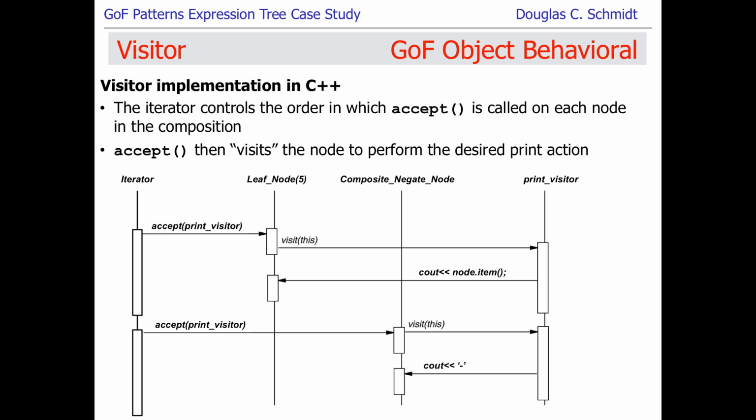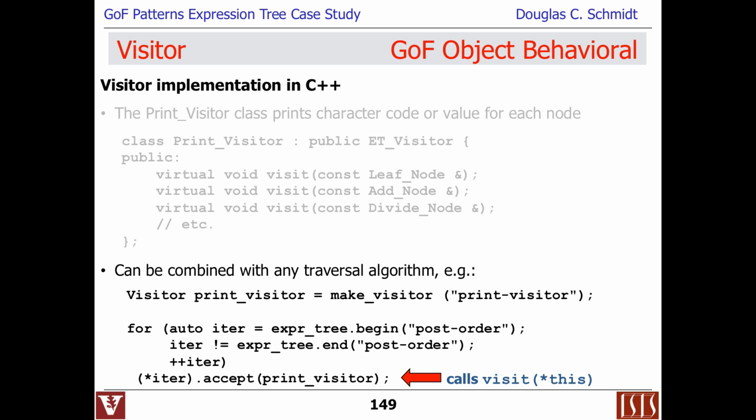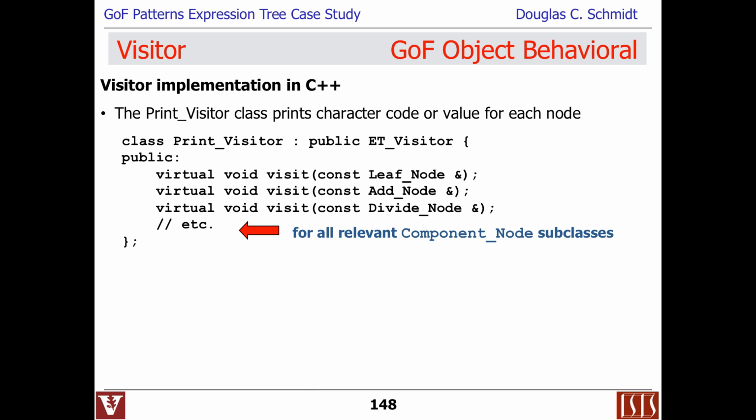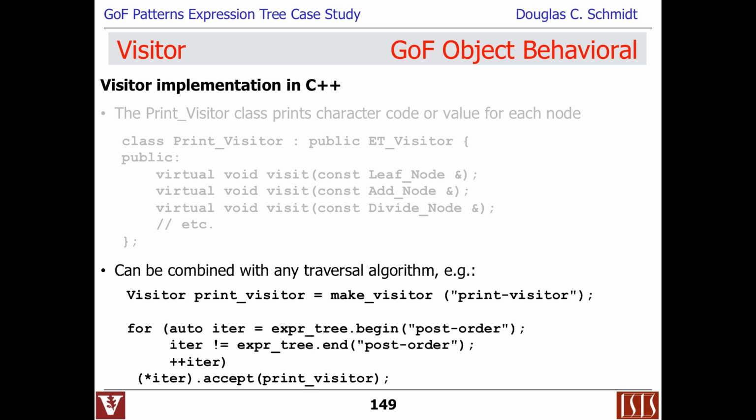And you use virtual functions and inheritance in order to be able to change what the visit method does. Print visitor provides implementations for these, like the actual stuff. Okay. So print visitor, if you take a look back here at print visitor, is a visitor. So it overrides those methods and fills in what they need to do. Then it's just declared virtual because it was declared virtual in the ET visitor. That's correct. Yep.